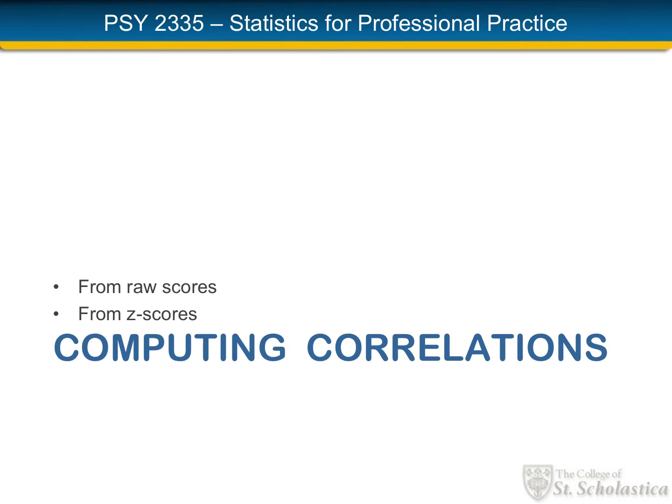Any of the methods that are demonstrated in the book would involve pushing calculator buttons so many times that the possibility of doing an error is so great it's not worth doing. So in this course we're only going to do the computations using a computer, but we will look at the equations to increase our understanding of how the correlation coefficient operates.